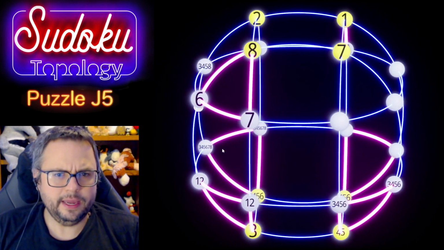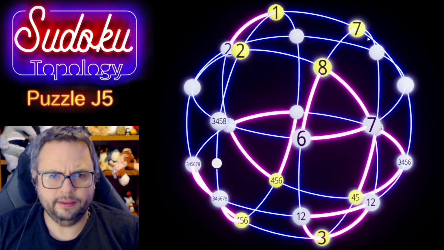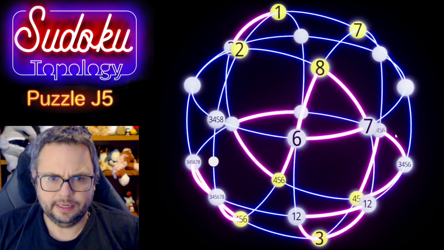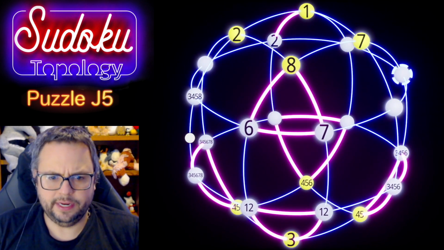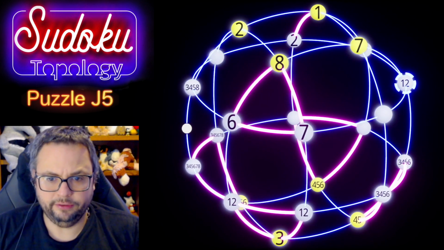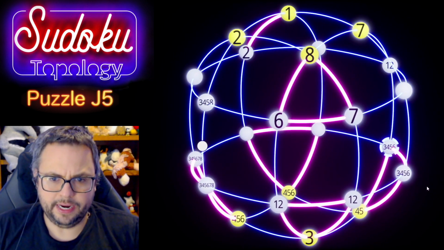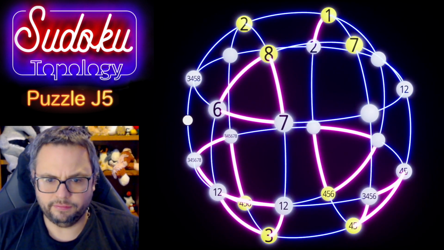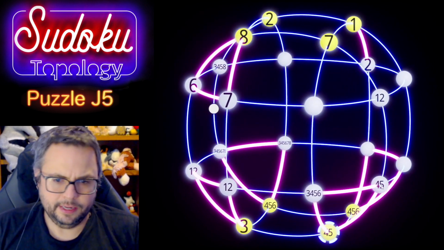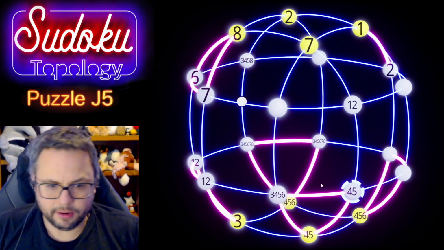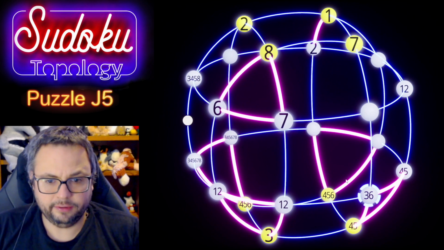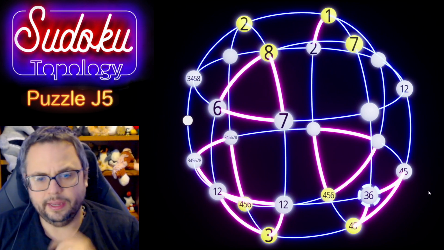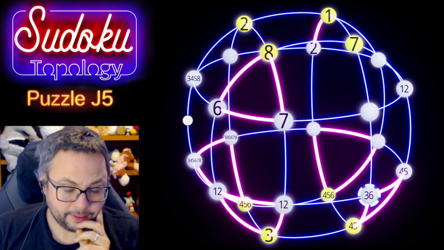Okay. The other 1, 2 in this thing with the 7, 8 is assuredly over here, because I don't have anywhere else I can put it. This isn't a 3 or a 6. It's the other 4, 5. And so this is a 4, 5 pair, and so this is a 3 or a 6, just to keep that going.